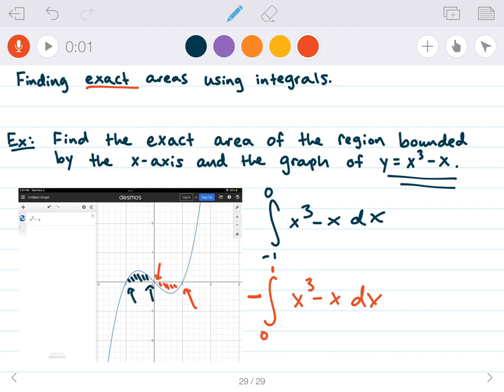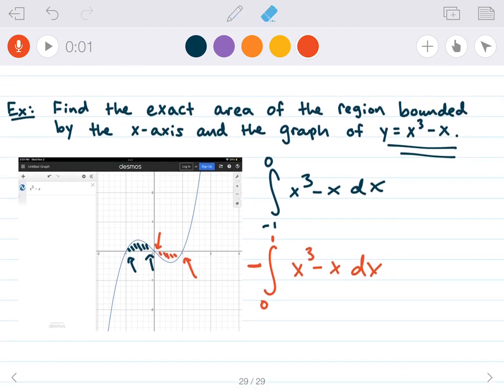When I take the integral, it's going to take into account whether or not it dips below or above the axis. So we're trying to kind of get away from that here.